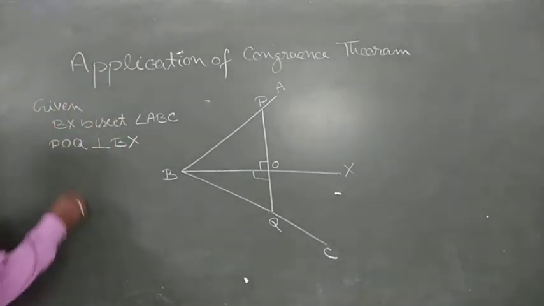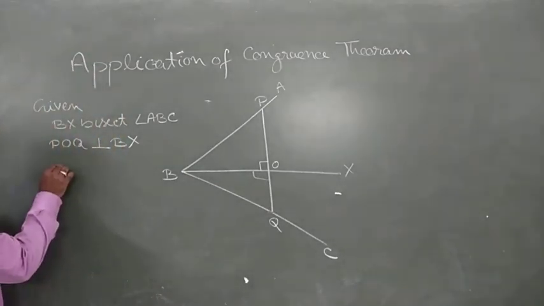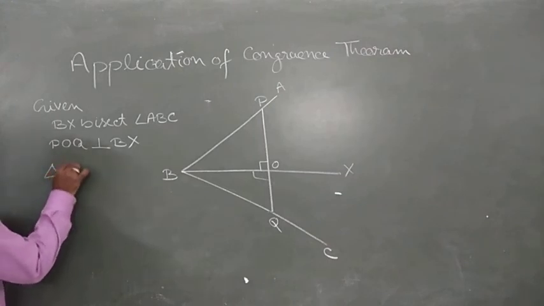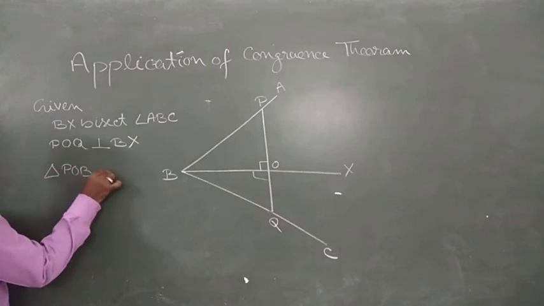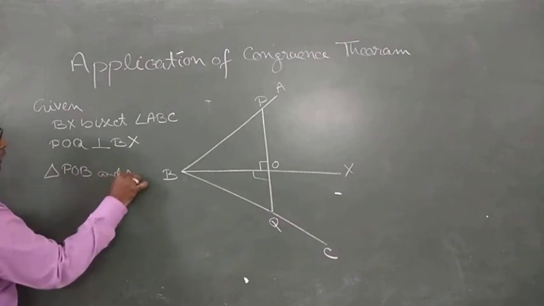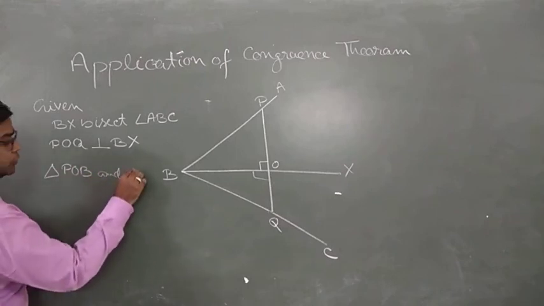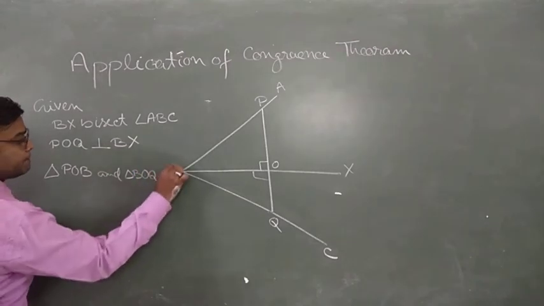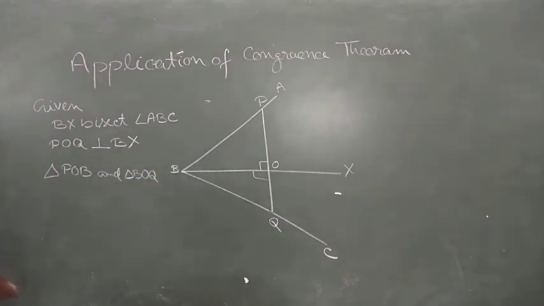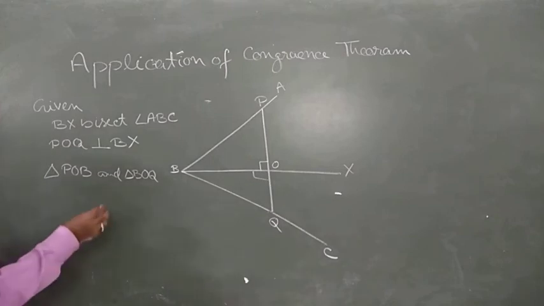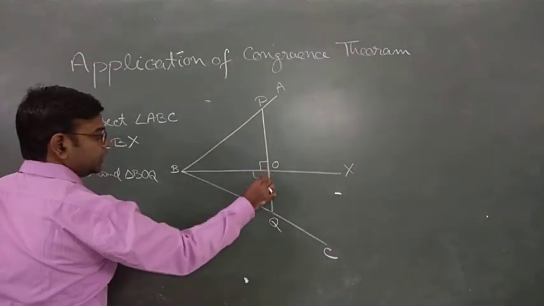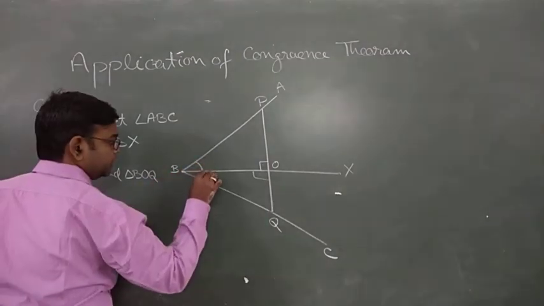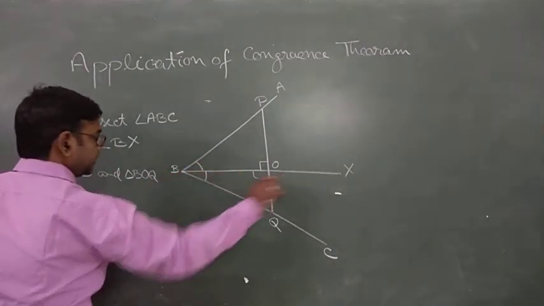In this case, we have two triangles, triangle POB and triangle BOQ. These two angles are equal and this side is common, and even these two angles are also equal because this is a bisector.